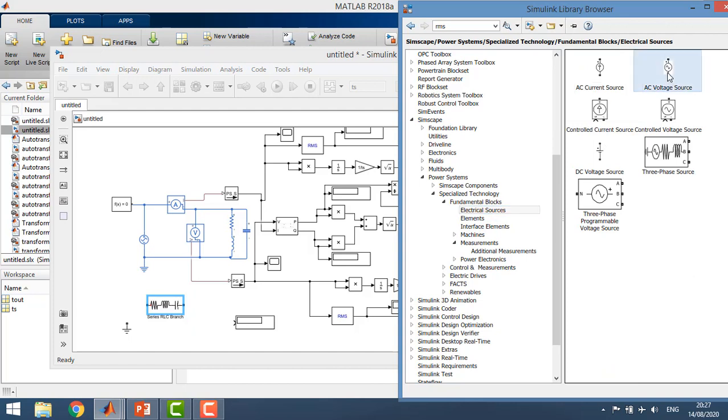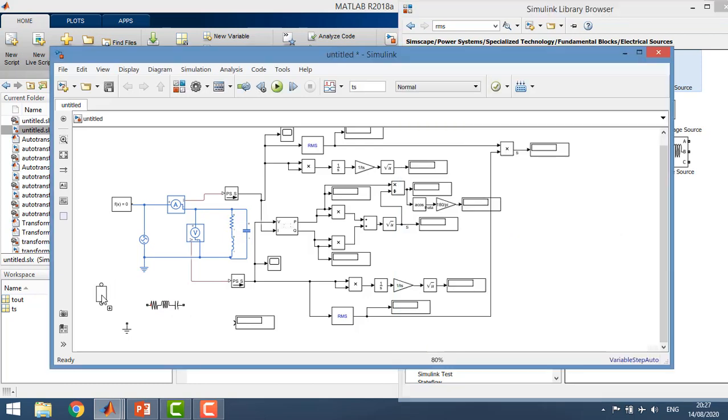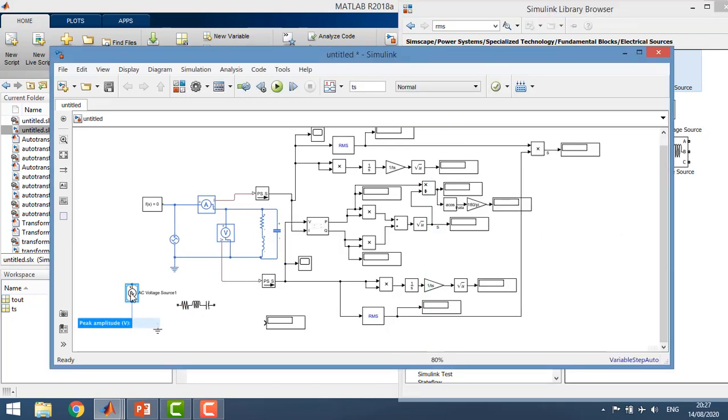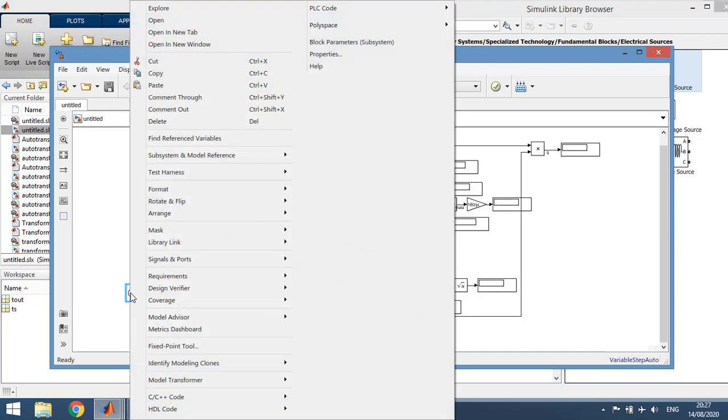For the sources, we can use either a three-phase source or three single-phase sources. So I'm going to choose a single-phase source.